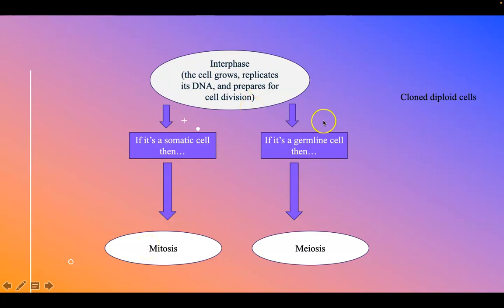If it's a germline cell, which is a sex cell, then the process that follows interphase will be meiosis. Sorry about that. But it is also relevant because mitosis ends up with cloned diploid cells and meiosis ends up with haploid cells that are not clones of the parent cell.